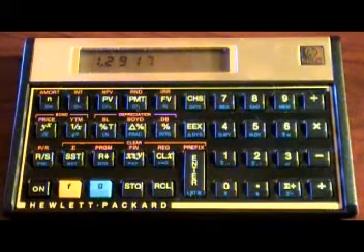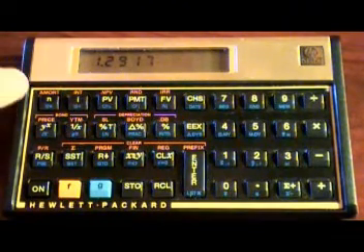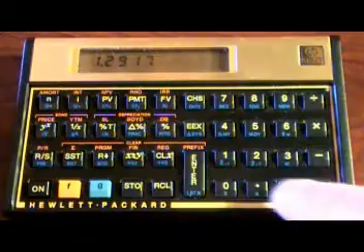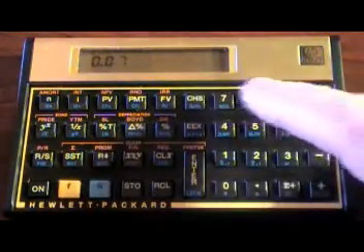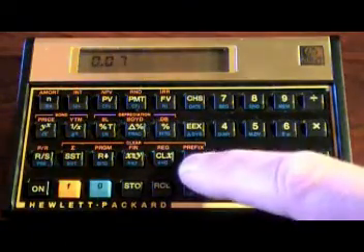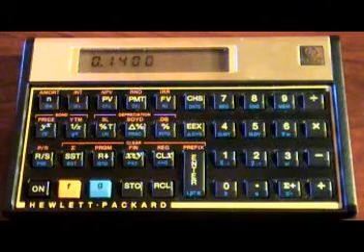So again, say we have $100 in an account that earns 7% continuously compounded, and we're going to leave that in for 2 years. Instead of using the time value of money buttons, first take the interest rate as a decimal, 0.07, times the number of years: 0.07, enter, 2, times, which gives us 0.14.